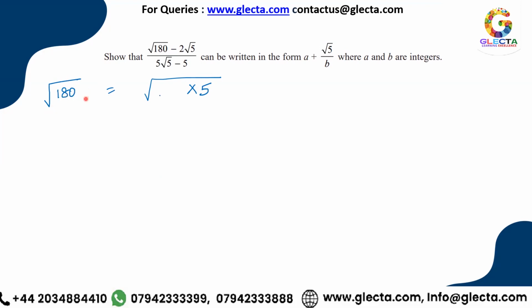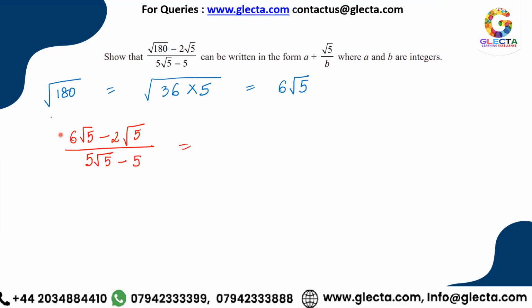Double of 180, 360. So 36. 36 times 5 would give you 180. Now square root of 36 is just 6. So 6 surd 5. Now you replace it back over there. So 6 surd 5 minus 2 surd 5 over 5 surd 5 minus 5.